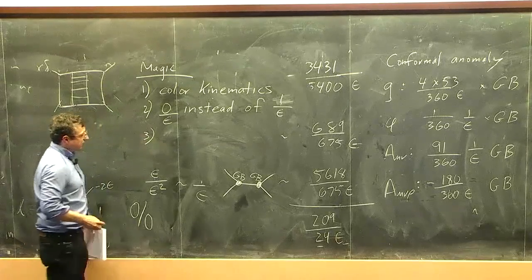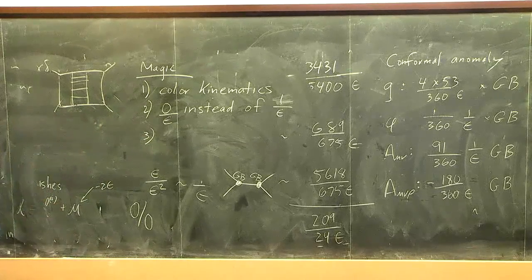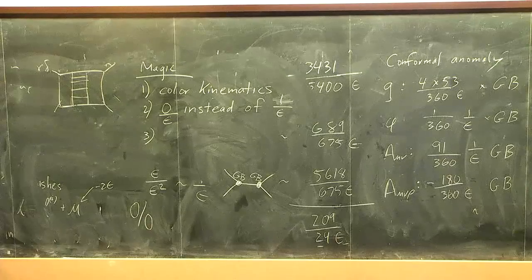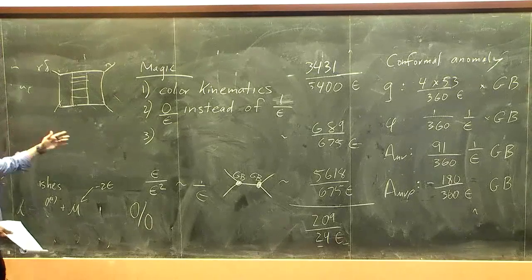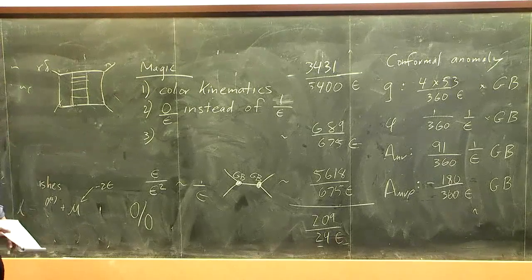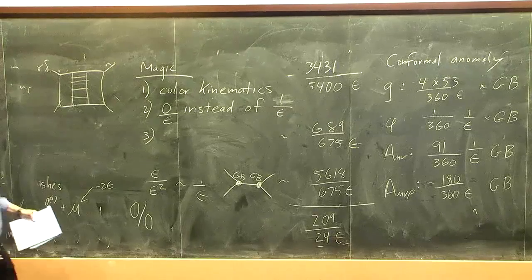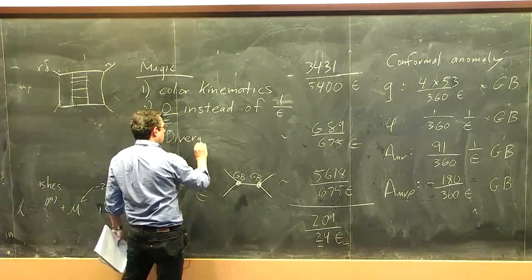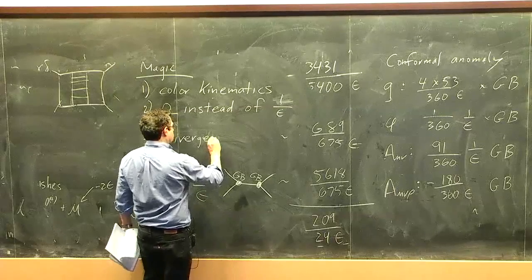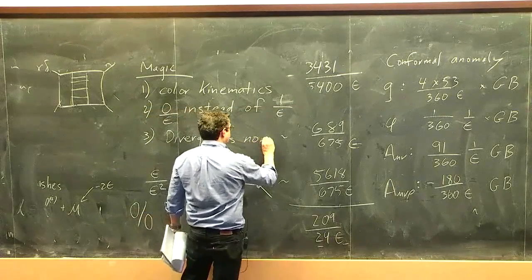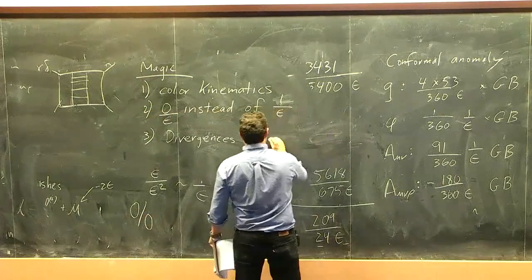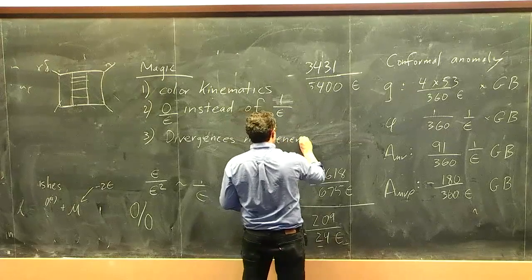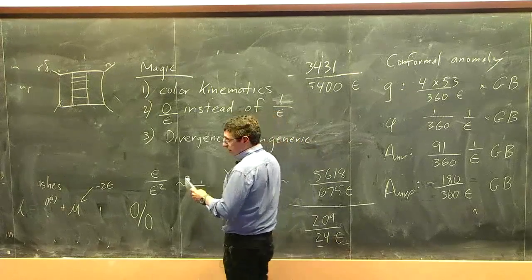Then when you start looking in detail at what the divergence is of the known pure gravity and also N equals 4 supergravity, which I didn't really discuss in any detail, you find the divergences look non-generic. And there's clearly something going on here.